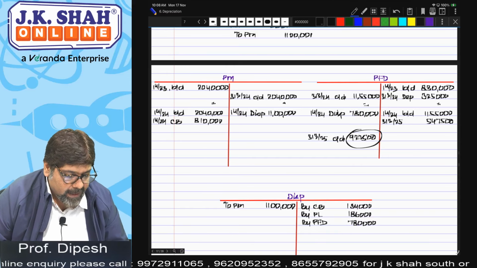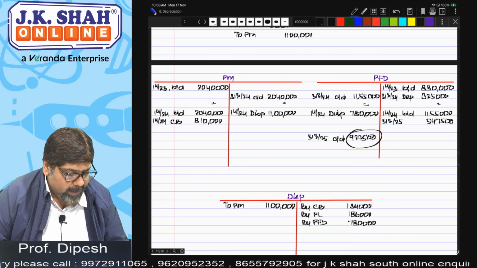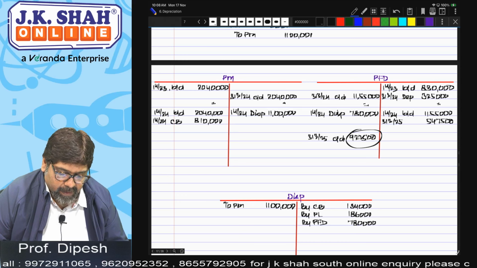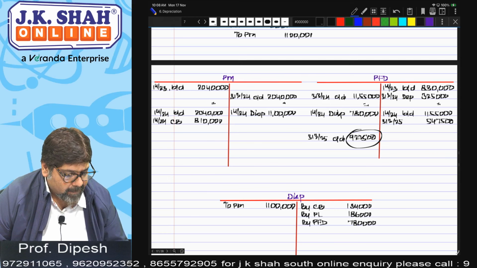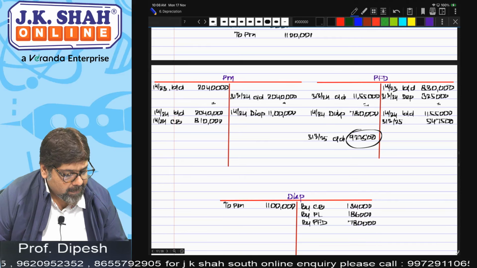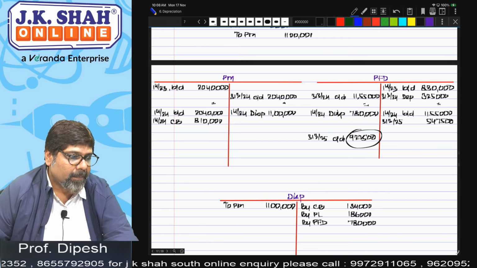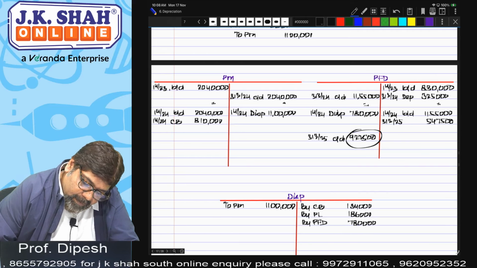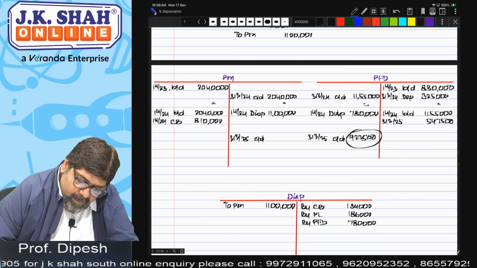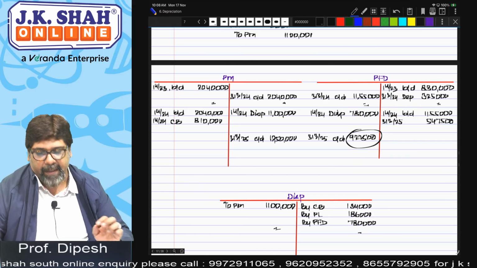Correct. Thereafter, 20,40,000 minus 11 lakh plus 8,10,000 is 17,50,000. 31st of March 25 carried down 17,50,000 and disposal has tallied.